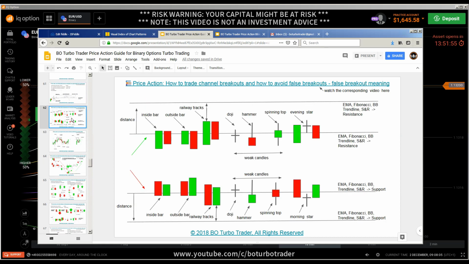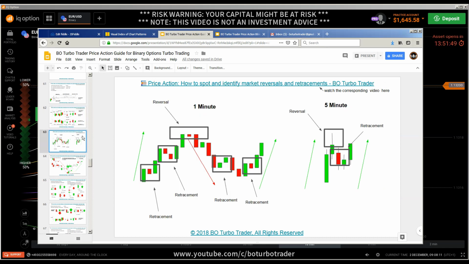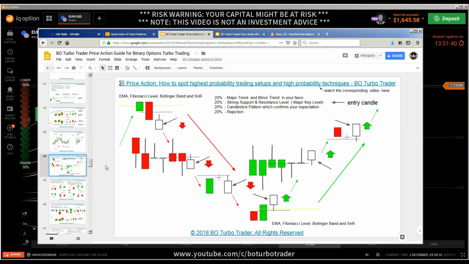Then the fake breakout, which will happen quite often, so you should be aware of it. Then what a reversal and a retracement are: a reversal in a lower time frame is a retracement in a higher time frame. Then the highest probability trading setup, which is trend continuation, and also the reversal concept. It's a cycle: you have a downtrend, then a reversal, and then the cycle goes over and over again.